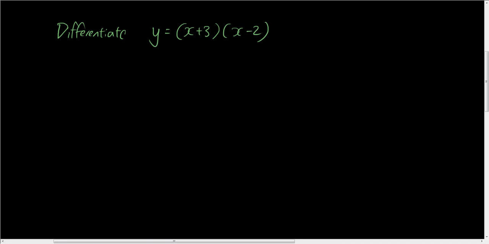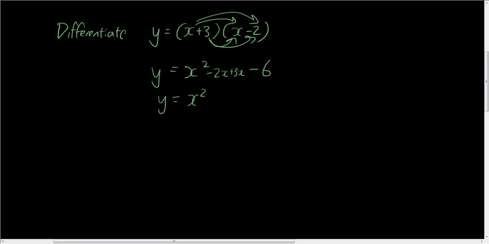What you would do normally is expand the brackets, and then y equals x squared minus 6 on the end, minus 2x plus 3x. So that's y equals x squared plus 1x minus 6. And then you can differentiate it into dy over dx equals 2x plus 1.